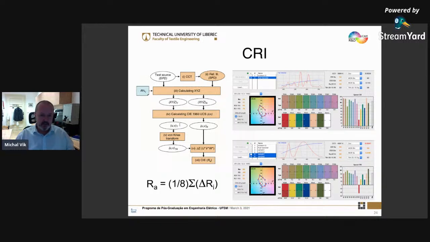These new coordinates inside of a more color uniform color space are then transformed via the von Kries transformation, via chromatic adaptation, into new values, and the difference between them is then recalculated as a set of color differences, and finally these differences are summarized and recalculated in the form of the color rendering index.